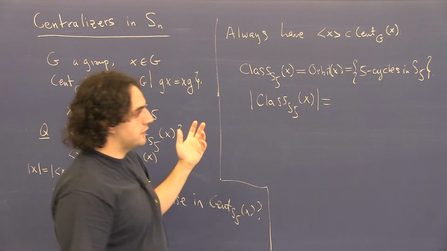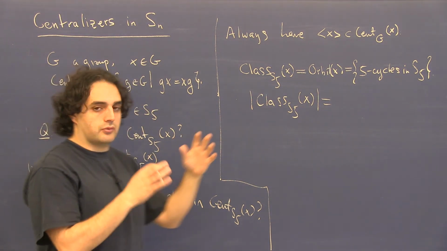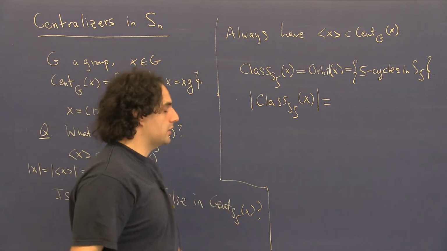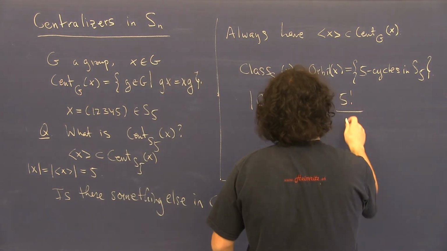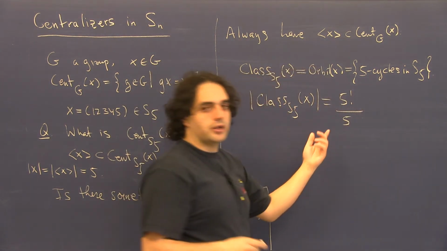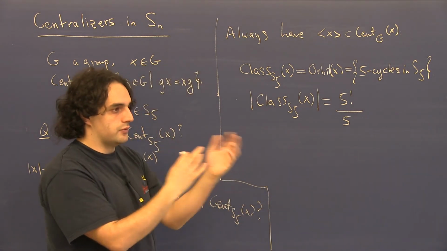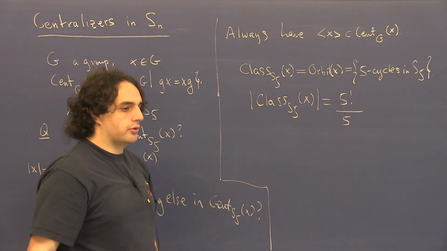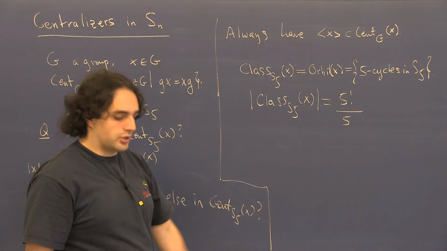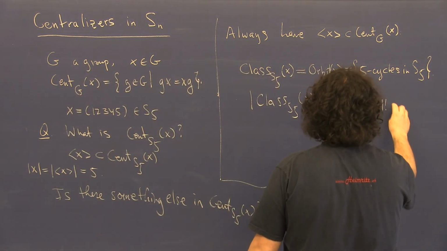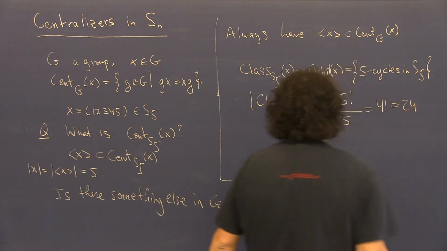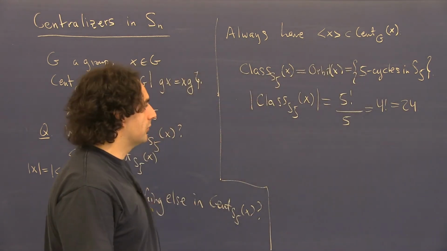Number of cycles is easier to count than number of elements of some more complicated cycle type. So this is just 5 factorial divided by 5, dividing by 5 for the 5 ways to cyclically reorder a 5 cycle without changing the underlying permutation. And so this comes out to 4 factorial, which is 24.